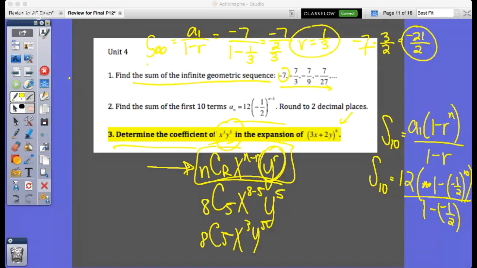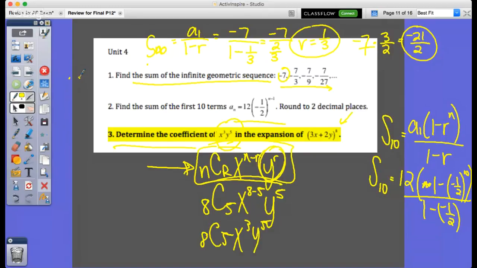Before you go to the math part, just plug in the 8 first, because that's what will come first here. Then we'll go to the math button, go over to probability, go down to nCr, and then just put 5 in. Literally, that's how you get that number. That's just your coefficient.